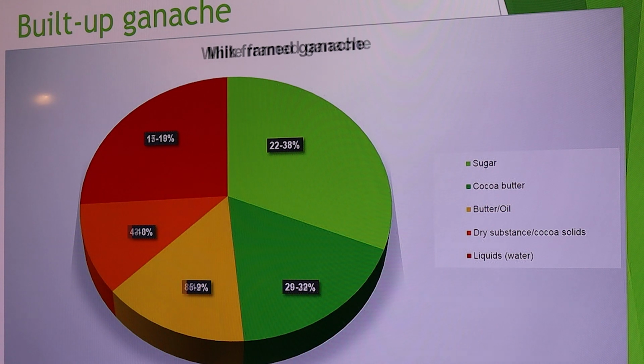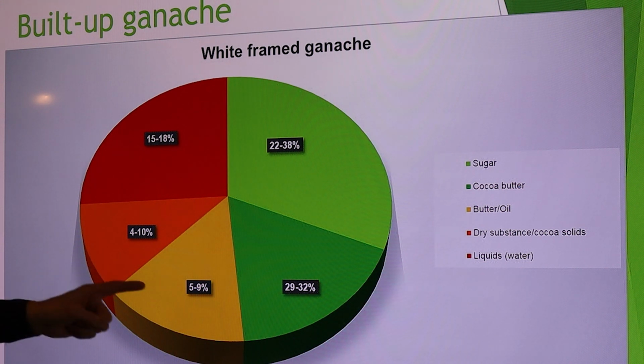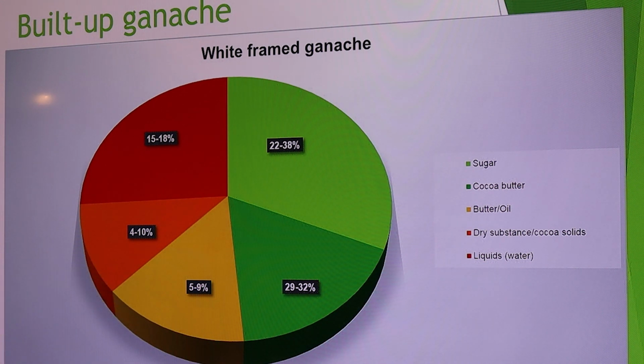And the last one here, the white frame ganache, you can see I add around 32% of the cocoa butter in this case. And that means the soft fat is more or less, I would say, that we go more for 5% than we go for 9% on this one.